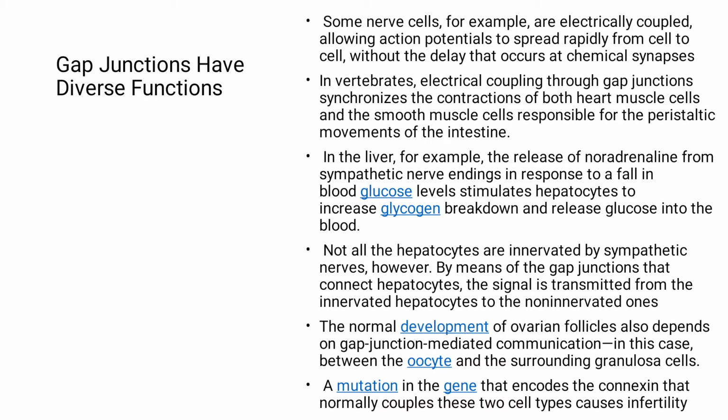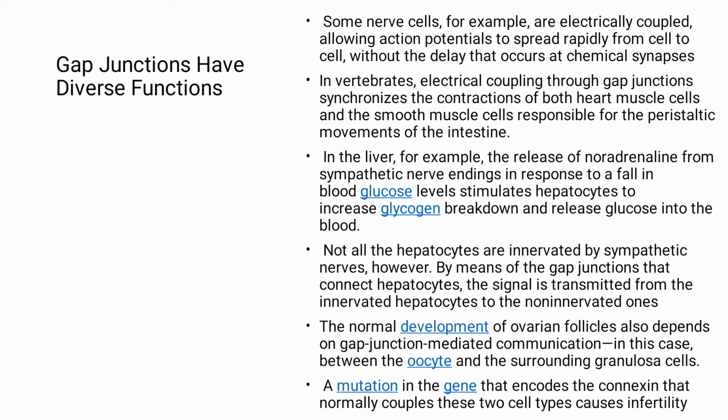This is advantageous when speed and reliability are crucial, as in certain escape responses in fish and insects. Similarly, in vertebrates, electrical coupling through gap junctions synchronizes the contraction of both heart muscle cells and the smooth muscle cells responsible for the peristaltic movements of the intestine.